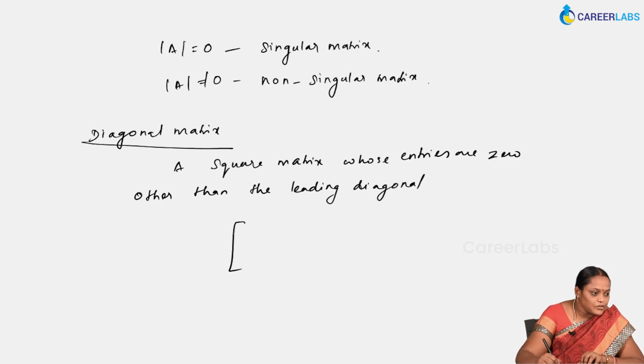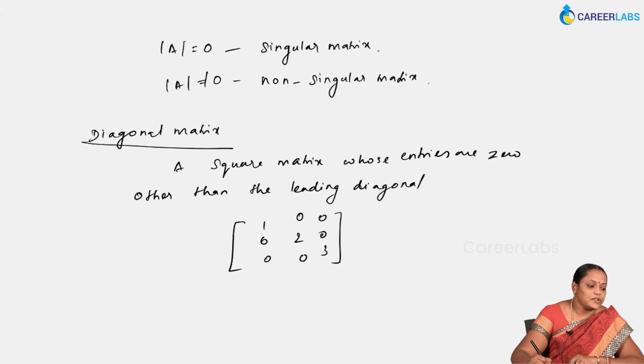For example, in a matrix like this, except for the leading diagonal elements, all the elements become 0. These types of matrices we call a diagonal matrix. It is important that it should be a square matrix.